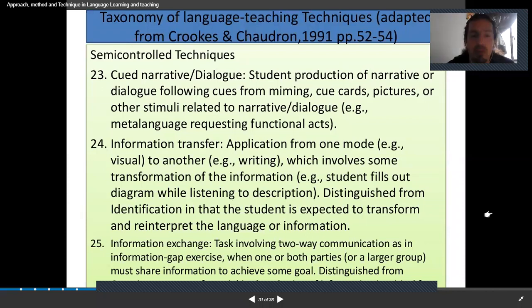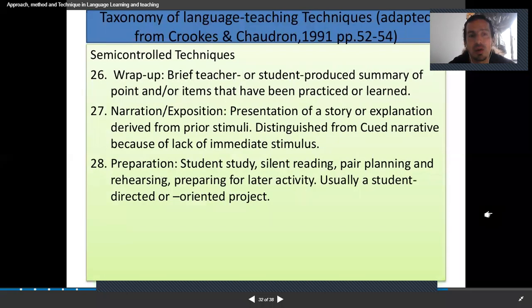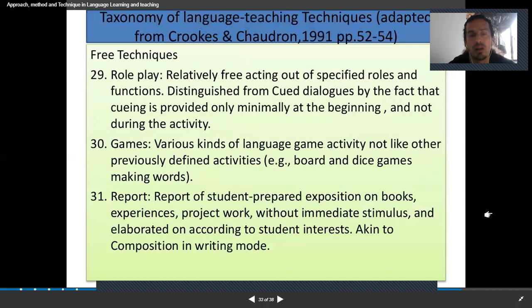Number 24, information transfer. Number 25, information exchange. 26, wrap up. 27, narration or exposition, and 28, preparation, and more. Some free techniques.